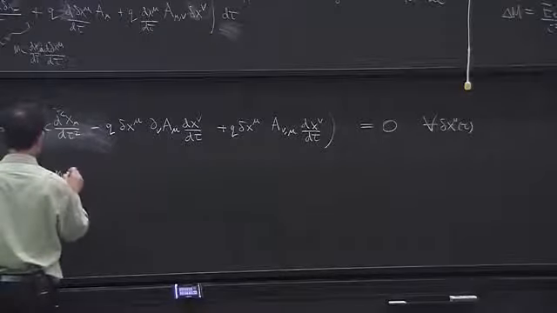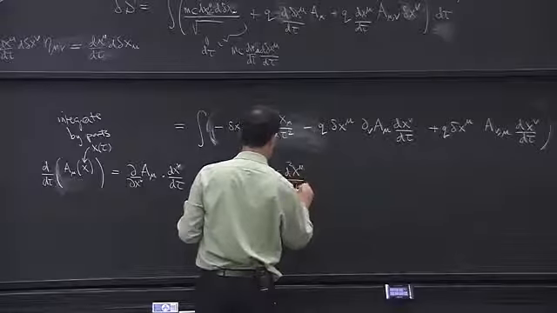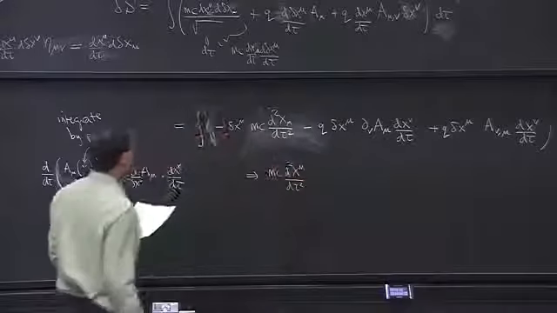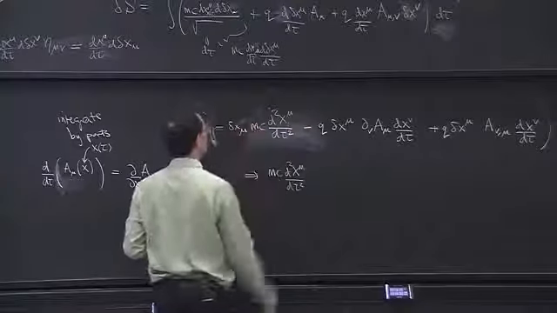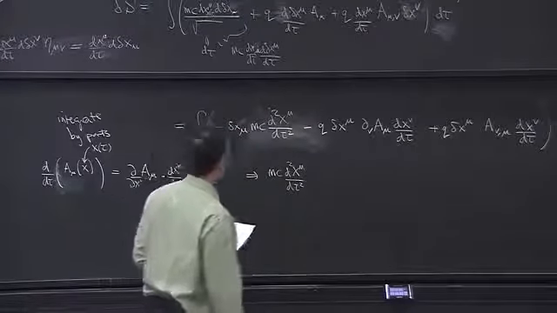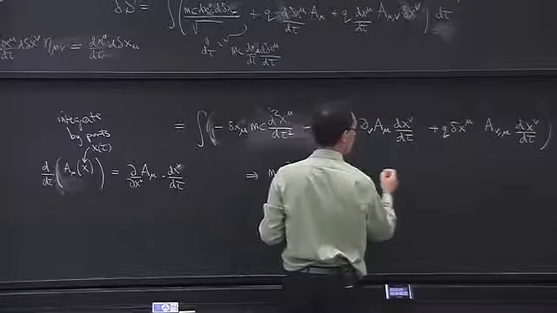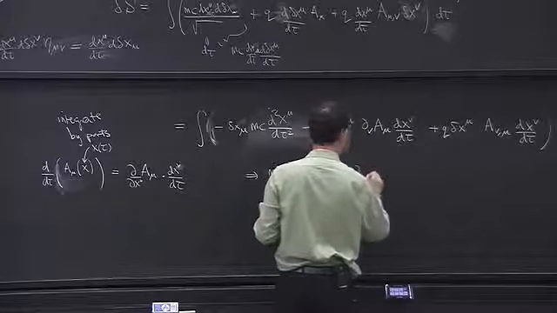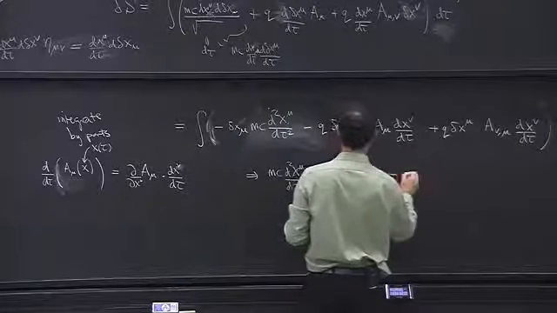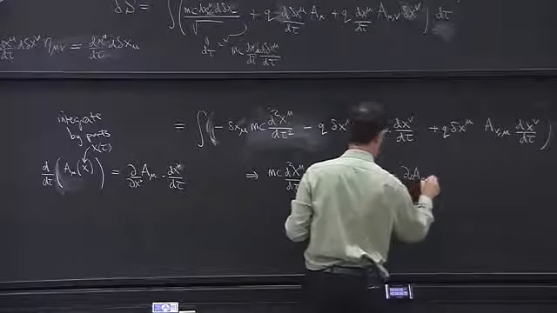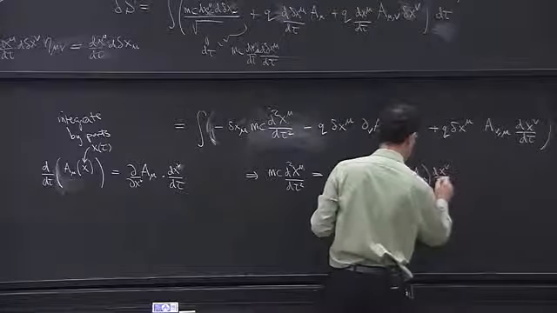So it means that m c d^2x^mu over d tau squared, I'm going to actually raise this one and lower that one, is equal to q, and then d^mu A^nu, and then from this term minus d^nu A^mu, times dx_nu d tau.